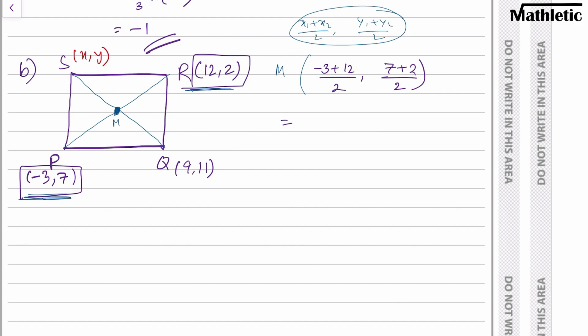So this will give us a coordinate of 4.5, 4.5.